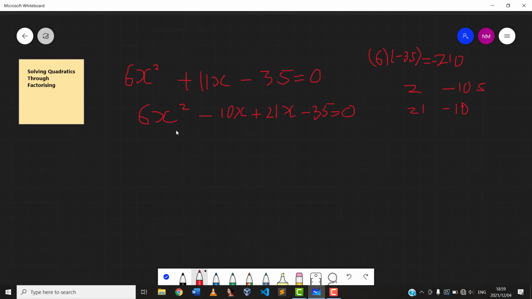So now we take out the highest common factors between this part and this part. The highest common factor between 6x squared minus 10x is 2x, so you factor out the 2x.